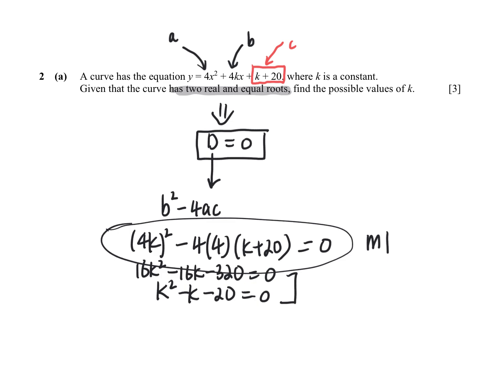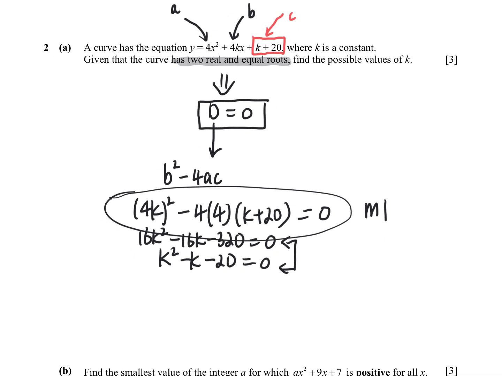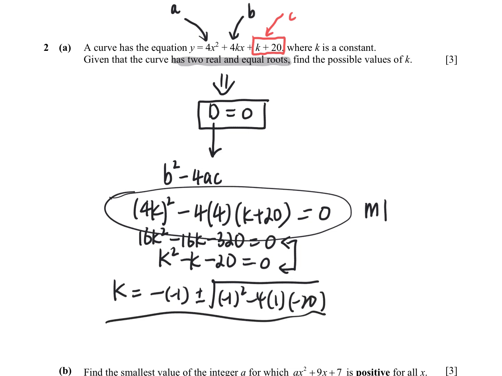So either one is your simplified form, and then I need to see you using either factorization or quadratic formula. Some of you use completing the square, which is fine also. So negative b plus or minus the square root of b squared minus 4ac, over 2a. So you will get two solutions, 5 or negative 4.